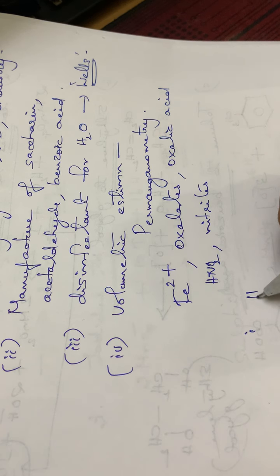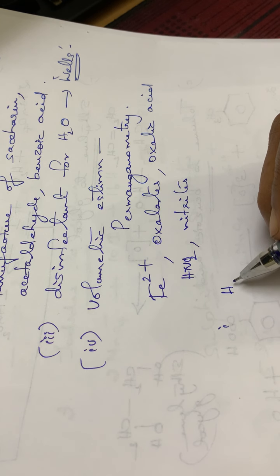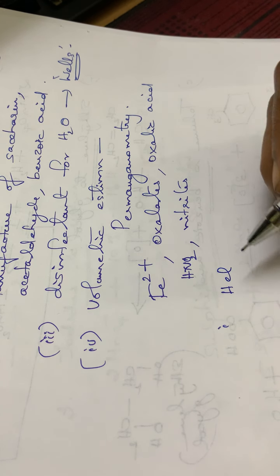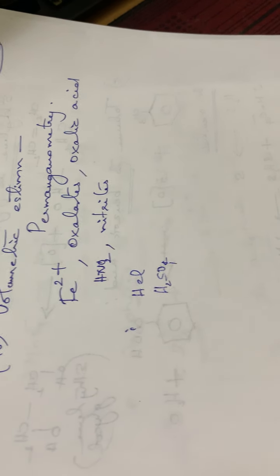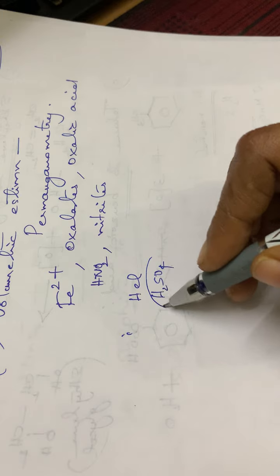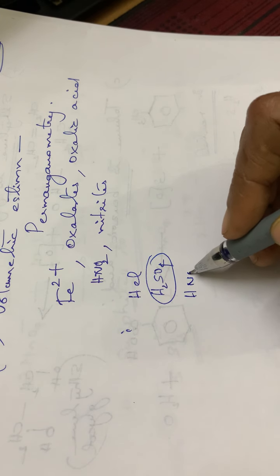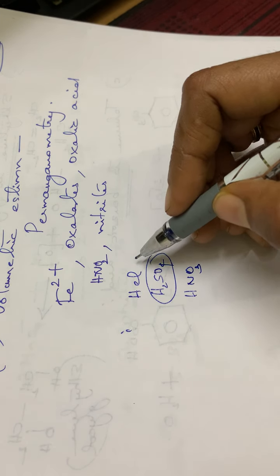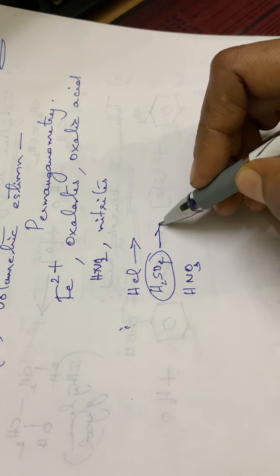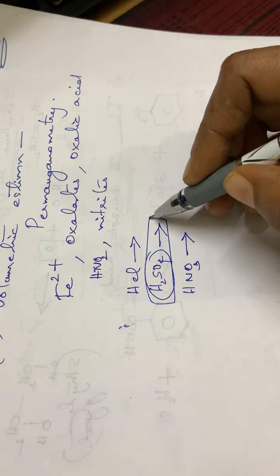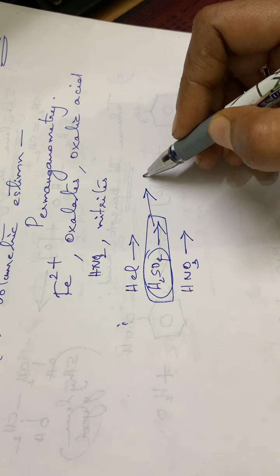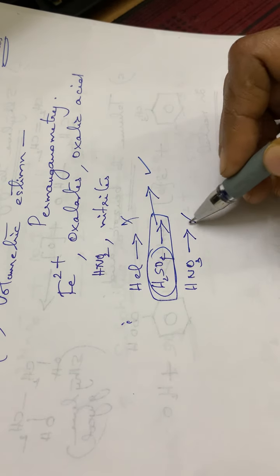In acid medium, we have a chance of adding HCl. What is the purpose of adding H2SO4 itself? In all these reactions we have seen the addition of sulfuric acid alone. There are three strong acids, isn't it? HCl is there, H2SO4 is there, HNO3 is there. But in permanganometric estimations we use only sulfuric acid. The other two we won't use.